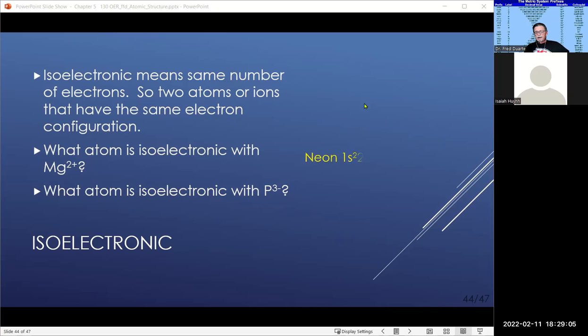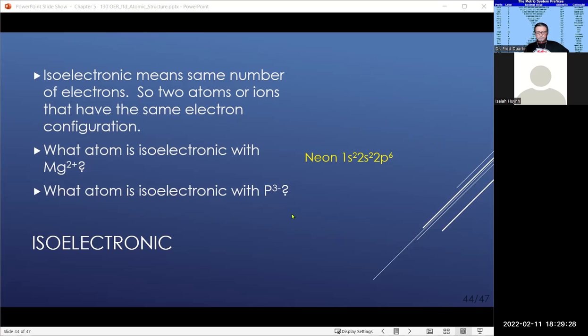Well, to answer that, you have to write the electron configuration for the magnesium ion, or magnesium cation. Once you do that, it becomes 1s2, 2s2, 2p6, which is neon.